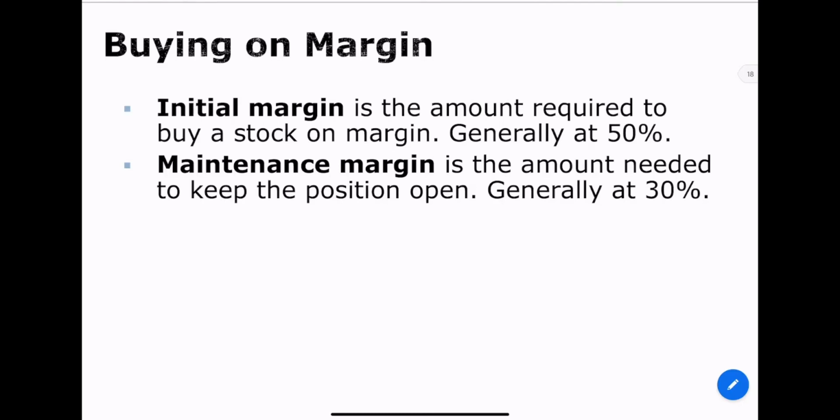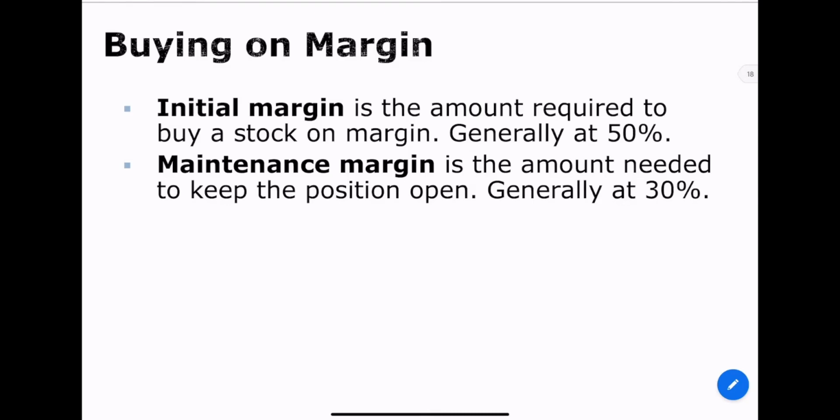It means if this stock is worth $100, then you have to at least contribute $50. Or you could say if the stock's price is $100 and you want to buy one share, at most you could borrow $50. And then there is the maintenance margin after the initial margin.